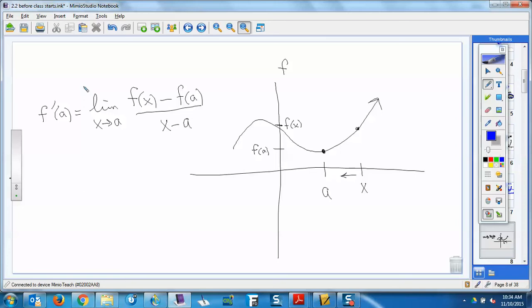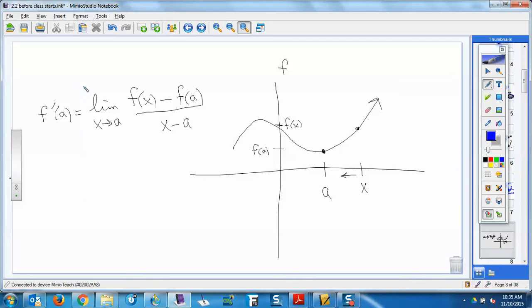This is an alternate form of doing a derivative at a point a. I have it up on the board here. So we've got this one, which is the one we use 99% of the time this year. But every once in a while, this version pops up. And if you look at my picture, all I did was rename the pieces from what we did yesterday.